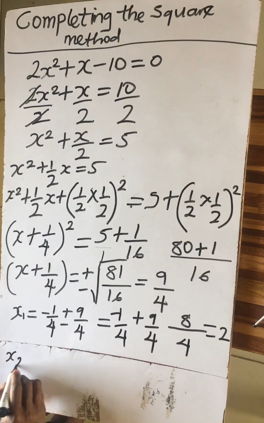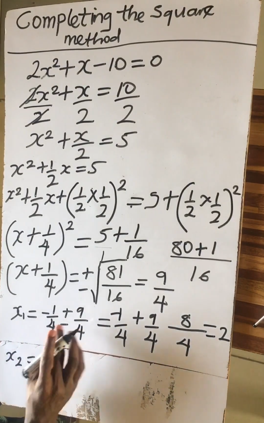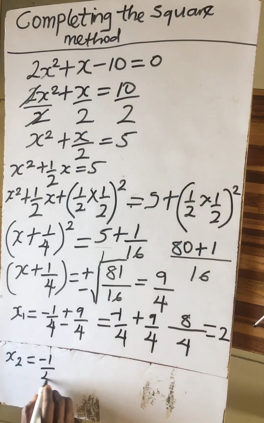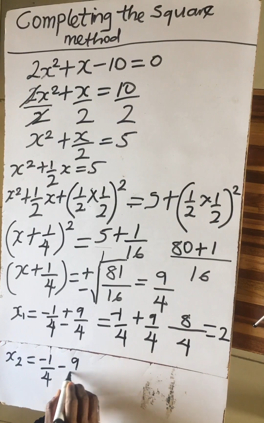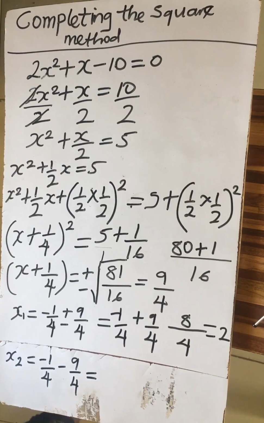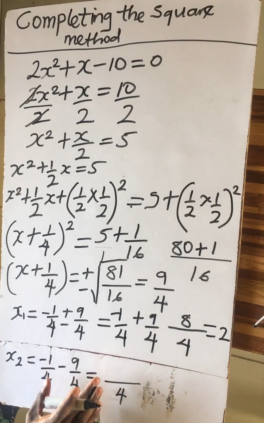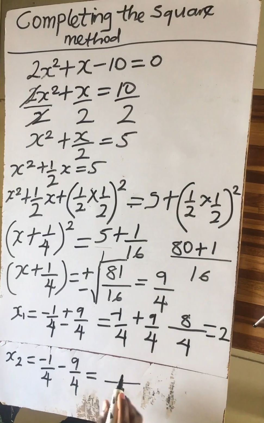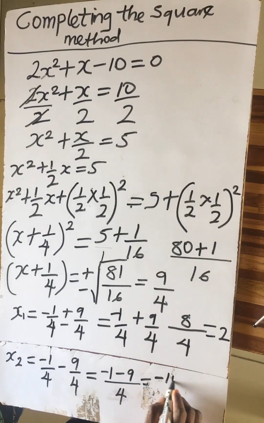Then we have x2 to be equal to, we bring down minus 1 all over 4 minus 9 all over 4. Then we add the numerators together, which is minus 1 minus 9, equal to minus 10 all over 4.